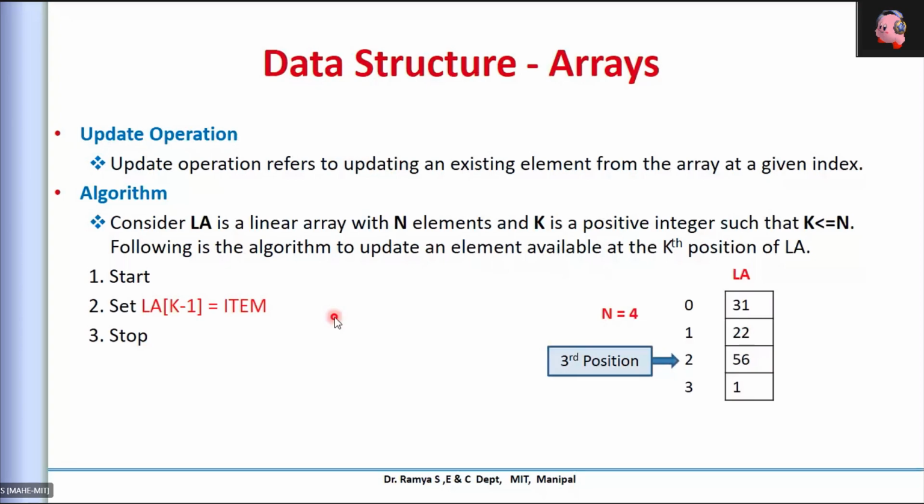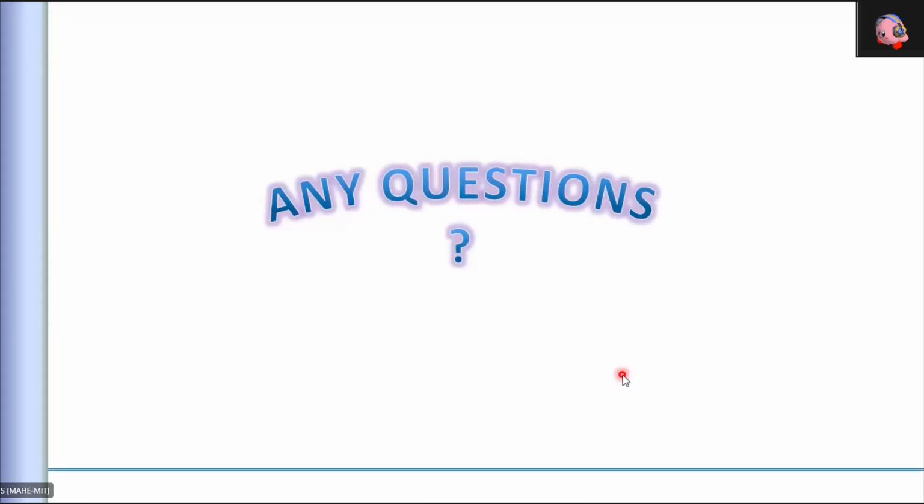We'll see that. The required index is the k position. Remember this point only for your programming language: when I say third position, the index should be one less than that, because the index is going to be less by one. I hope this is clear for our array.